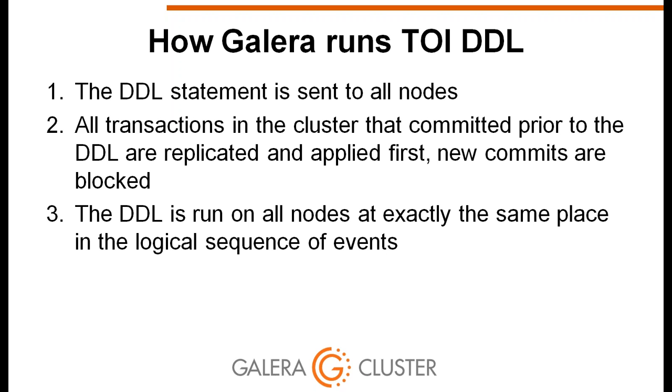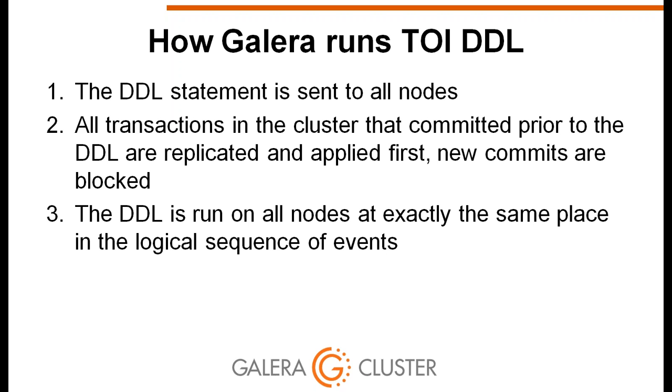And each node will make it so that in the logical sequence of events, in this stream of transactions that goes through the cluster, this DDL will run at exactly the same place on all the nodes. So the node will wait until the time is right to execute the DDL, and then it will run it in a manner that allows all the nodes to run the statement in a consistent fashion, in the same place in the binary log, and in a way that is safe for your data.